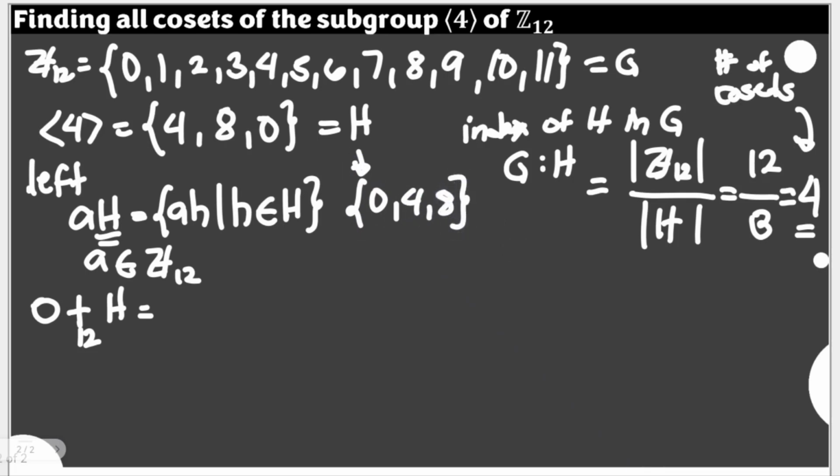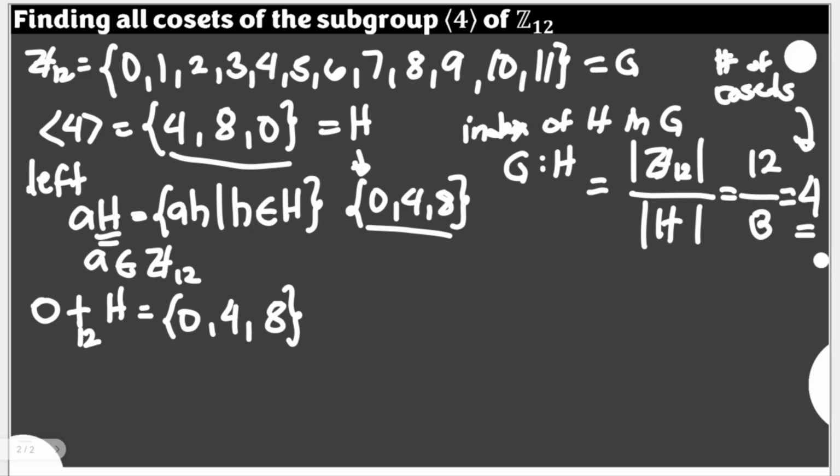Since it's a set, we can rearrange the elements, and let's arrange it this way so that we can compare all the results later. So 0 plus 0 is 0, 0 plus 4 is 4, 0 plus 8 is 8. This is the first left coset of the subgroup generated by 4 on Z12.